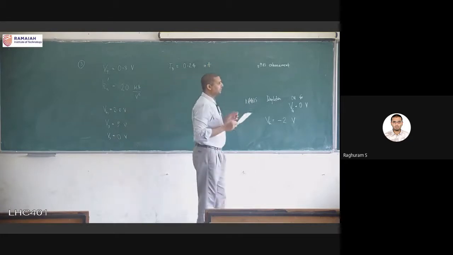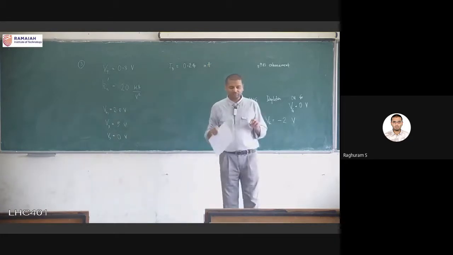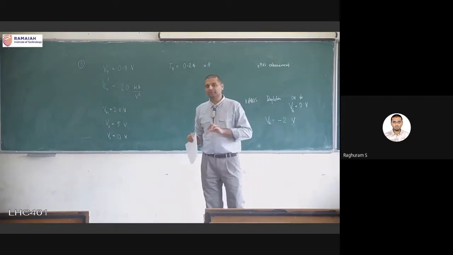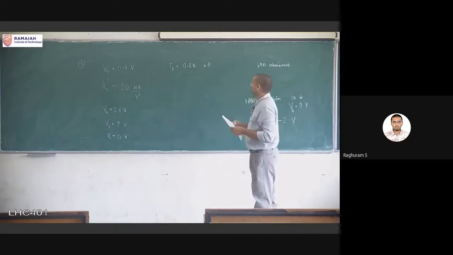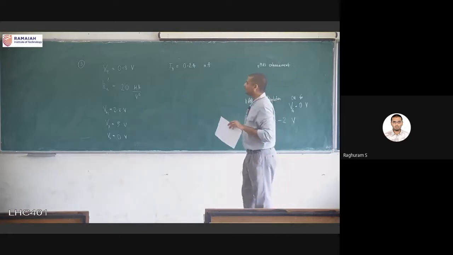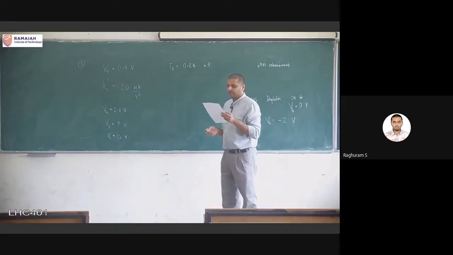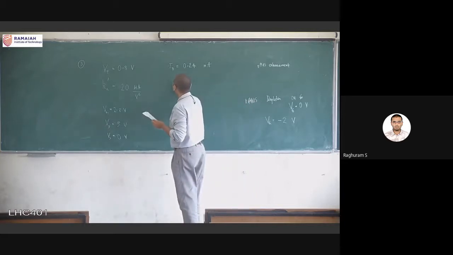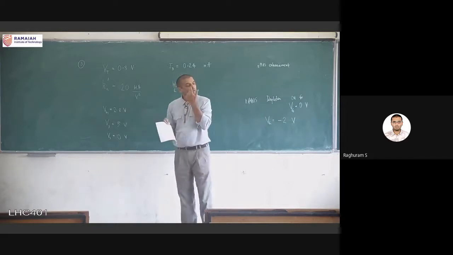There's a small misprint in the sheet. ID is not 0.24 amperes, it's 0.24 milliamperes. Okay, so please make the correction. ID equal to 0.24 milliamperes, and they are asking you what is the W by L of the transistor.